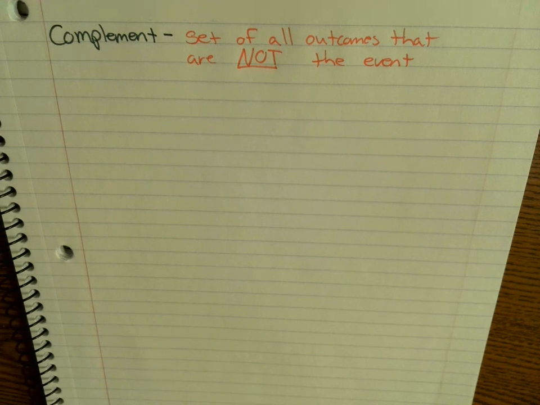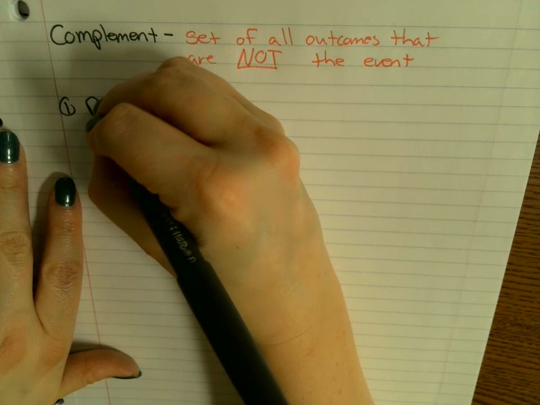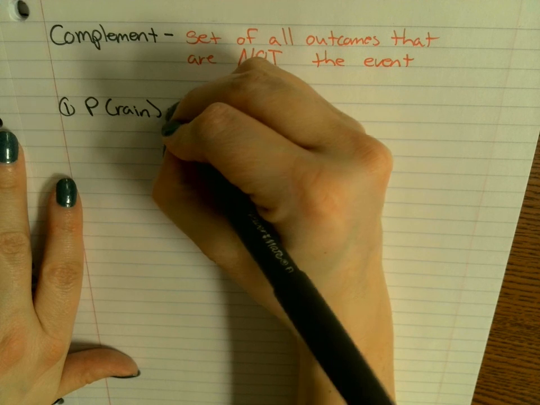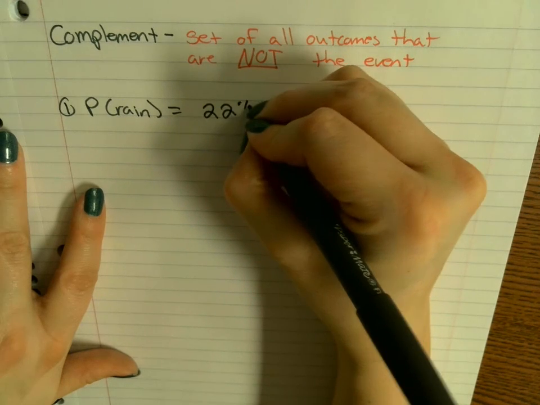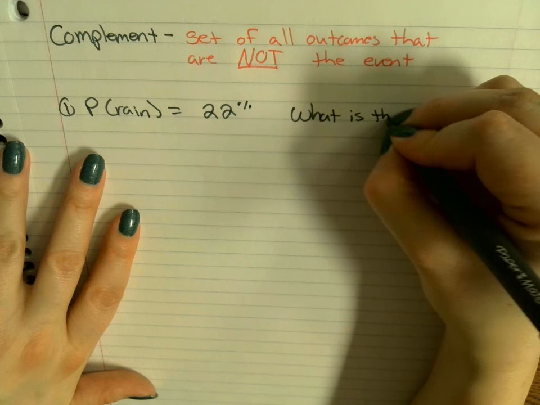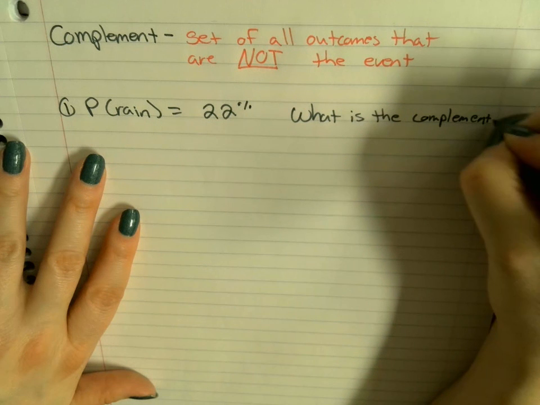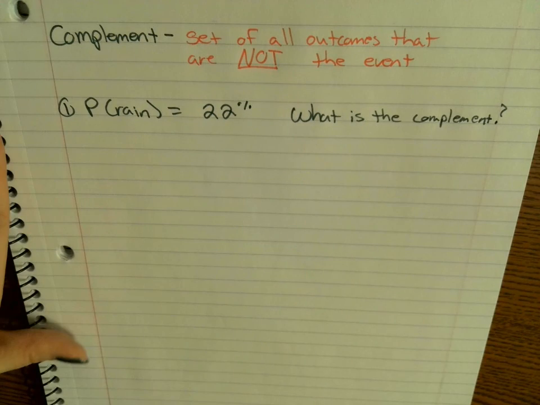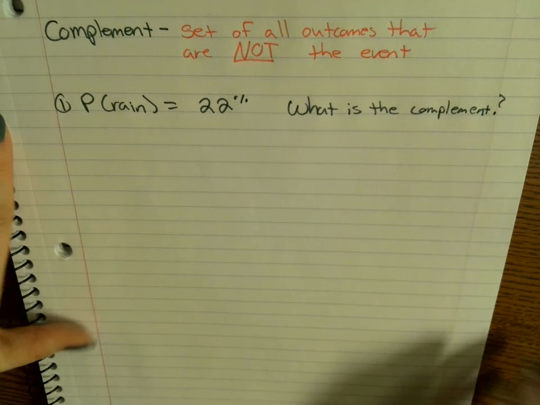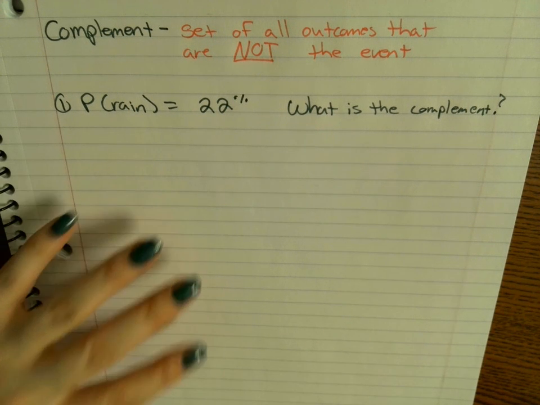So let's go with what I just said. If I say the probability that it's going to rain is equal to 22%, I want to know what is the complement, which essentially means what's the probability that it's not going to rain. So to find the probability that it's not going to rain, remember probability is out of one whole or 100%.